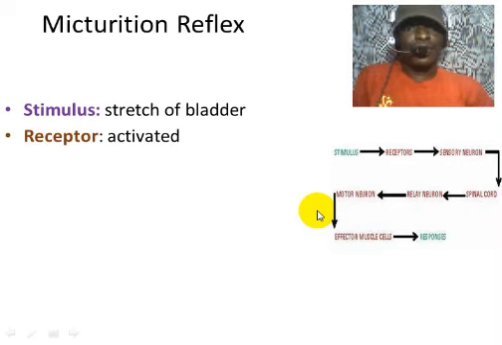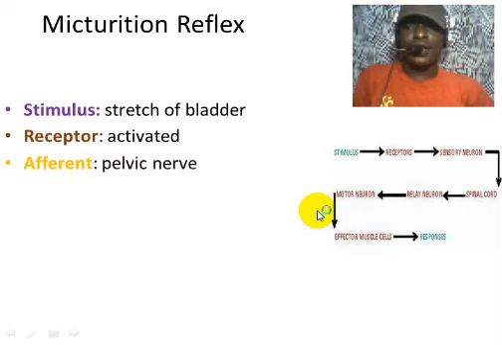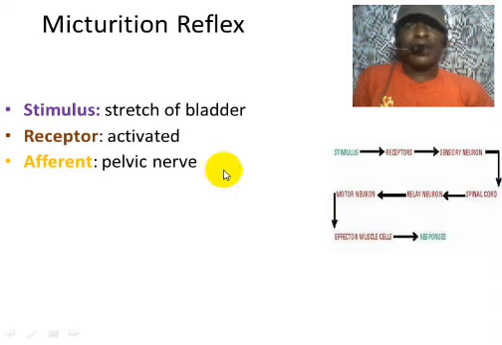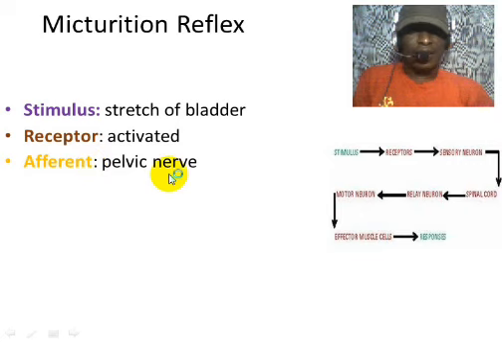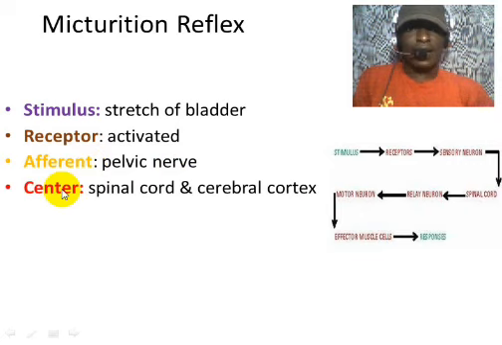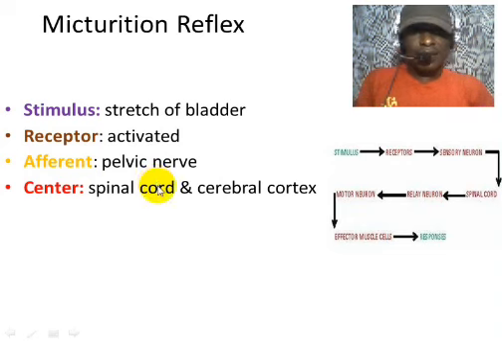This stimulus activates the receptor. Activation of the receptor would activate the afferent nerve. The afferent nerve of the micturition reflex is formed by the pelvic nerve. The center of micturition is formed by the spinal cord and the cerebral cortex.